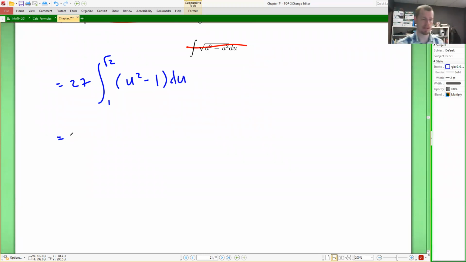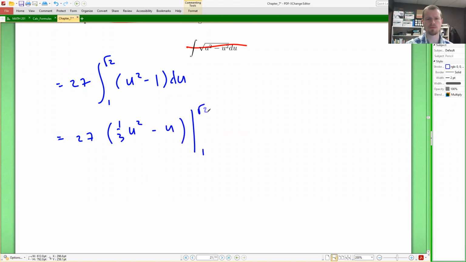We go ahead, plug and chug essentially, because we know what the integral should be using the power rule. So this is 27 times. Now the notation that you use might be different for different courses. So this we could write as 1/3 times u cubed minus u, and then evaluate from 1 to square root 2. That might be what many of you are familiar with.